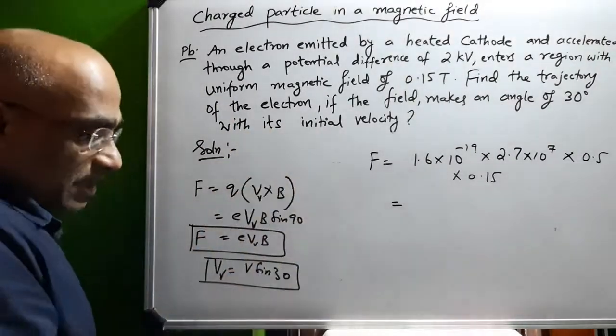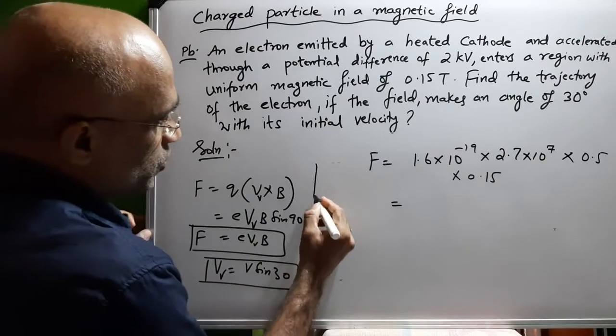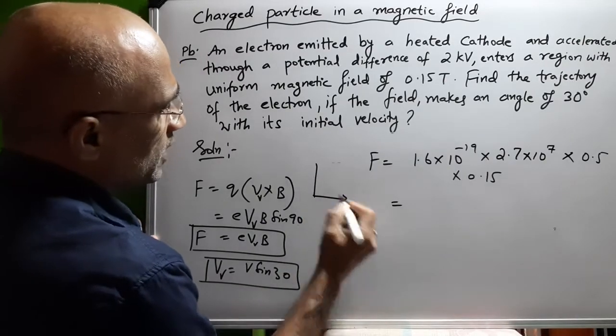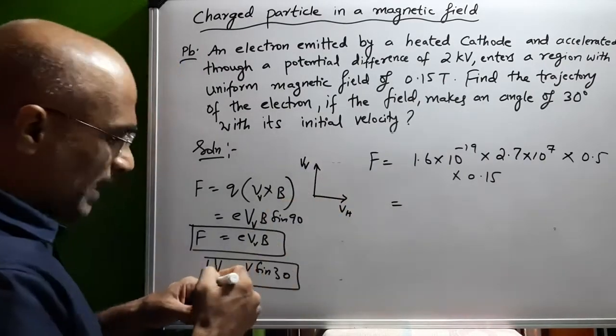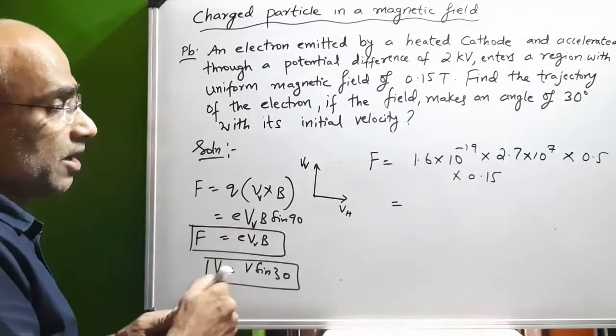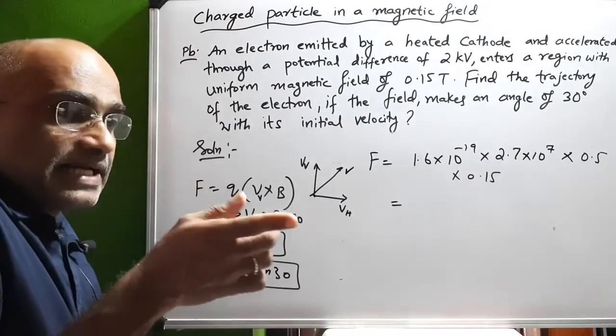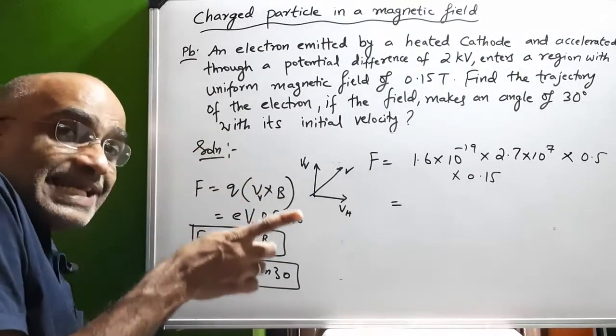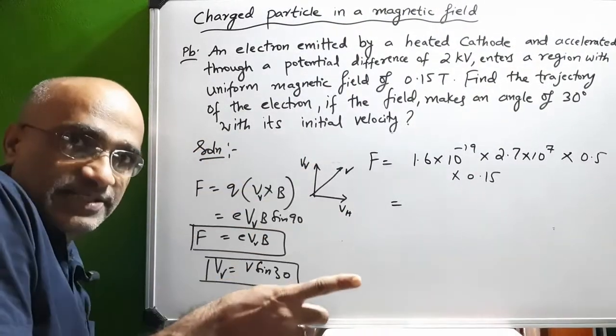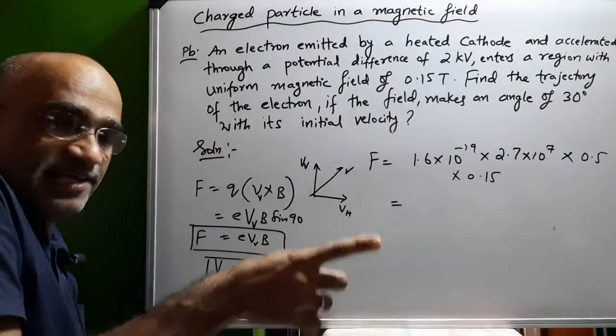Now, since out of the two components, the horizontal and vertical, only the vertical part is acting on the charged particle, definitely it takes a helical trajectory. You can imagine it takes a helical trajectory.